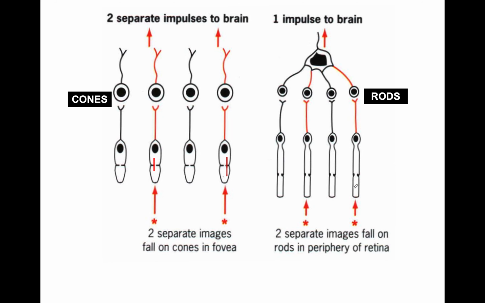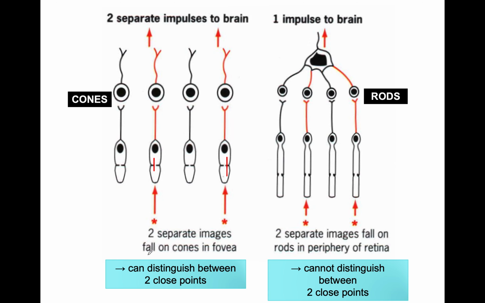However, both of those rods being synapsed to a single bipolar neuron means that only one impulse will be received at the visual sensory area, and those 2 separate impulses will be perceived as one. So, cones can distinguish between 2 close points of light, whereas rods cannot.